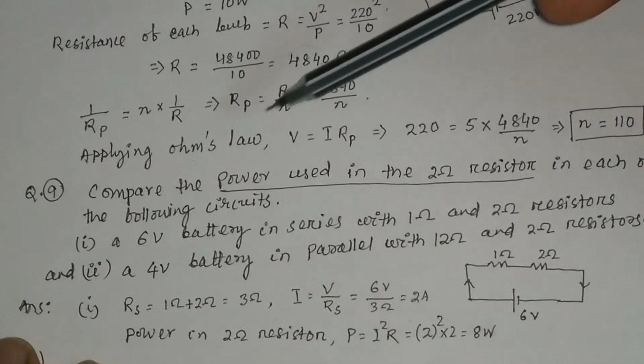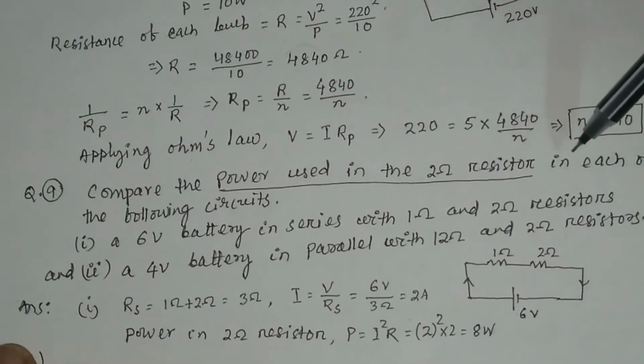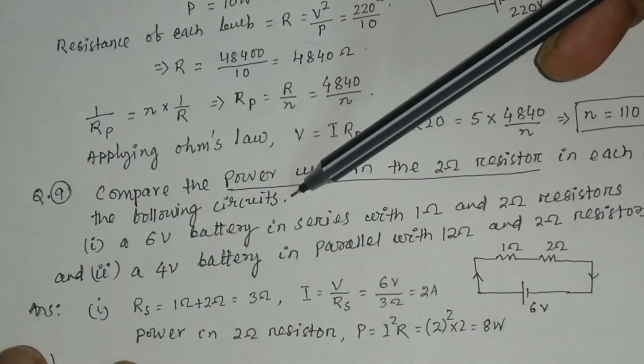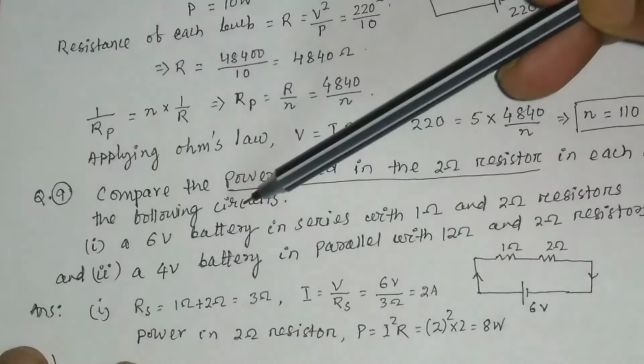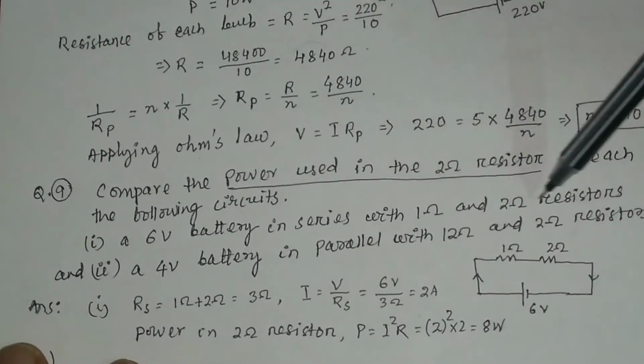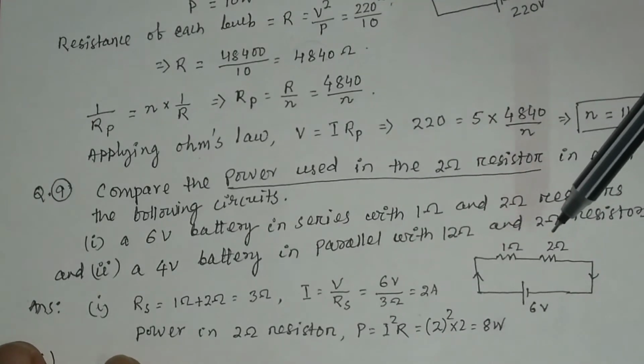Next problem. Compare the power used in the 2 ohm resistor in each of the following circuits. So you have two circuits given. This is one: a 6 volt battery in series with 1 ohm and 2 ohm resistors. Here the 1 ohm and 2 ohm resistors are connected in series.